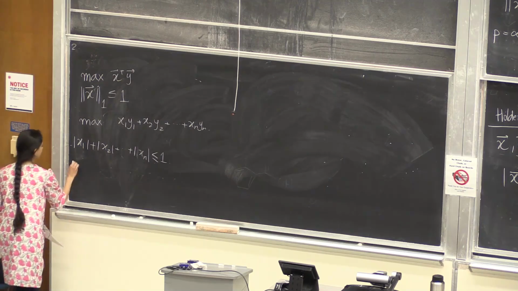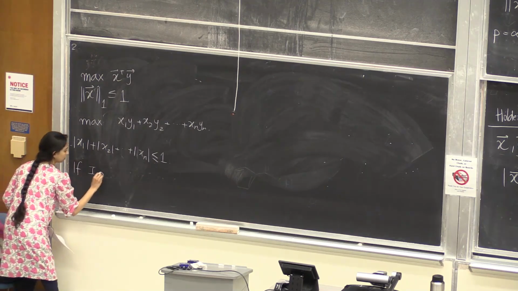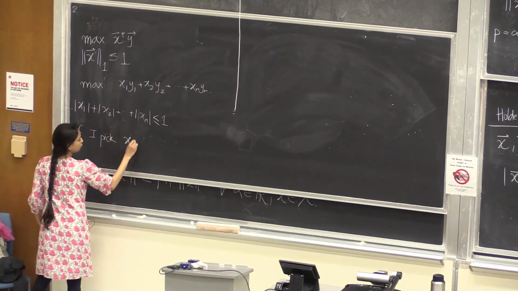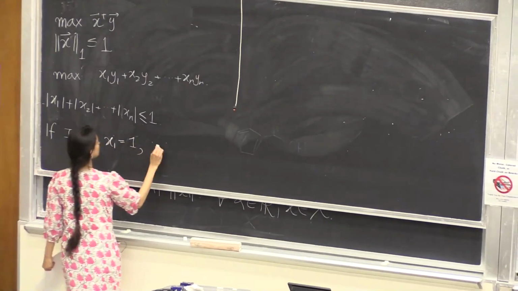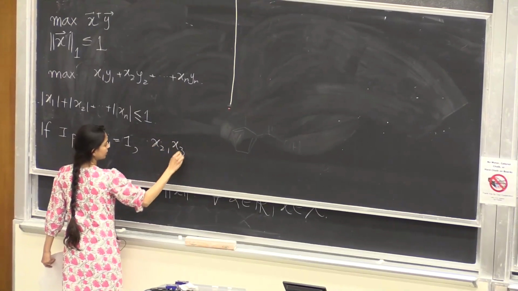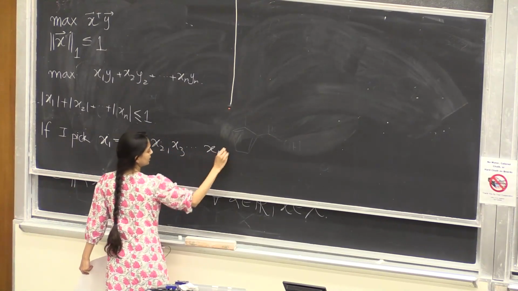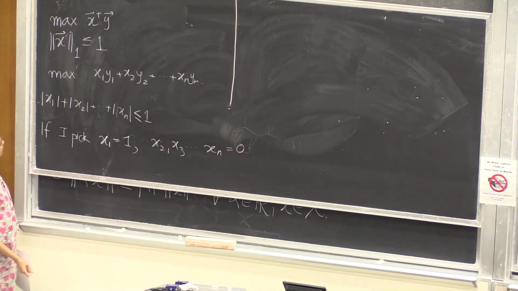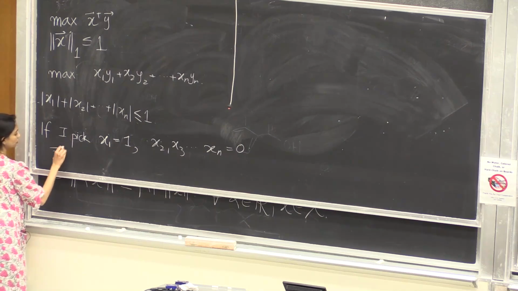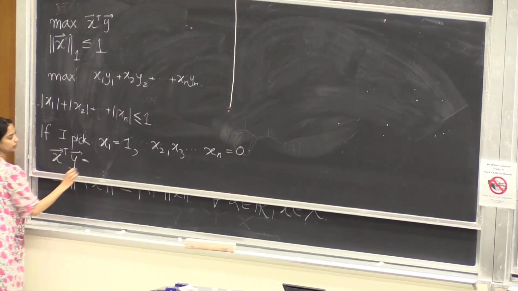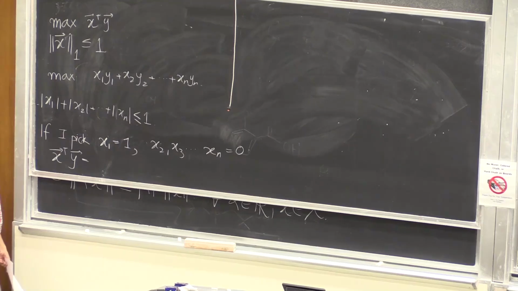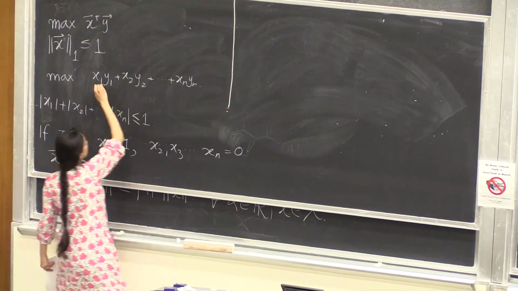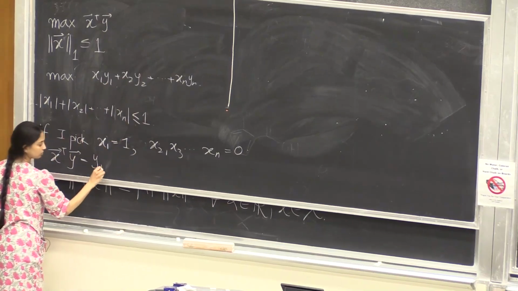So if I pick, for example, x1 equal to 1, this implies that x2, x3, all the way up to xn are 0, right? And then what is my x transpose y equal to in that case? All of these are 0, so it's just y1, right?